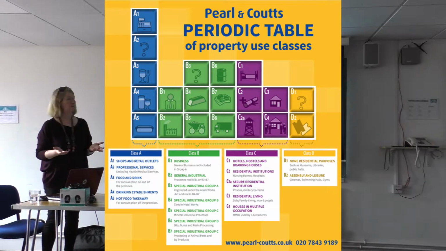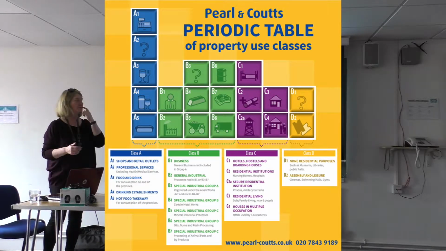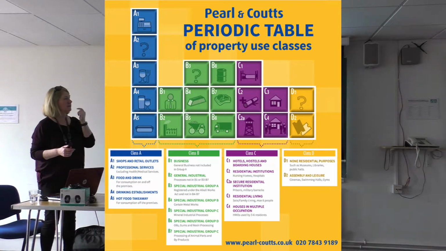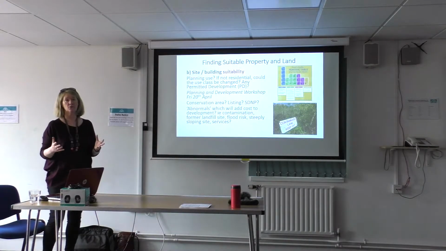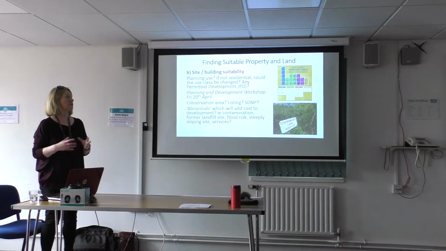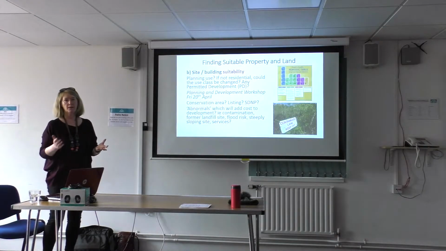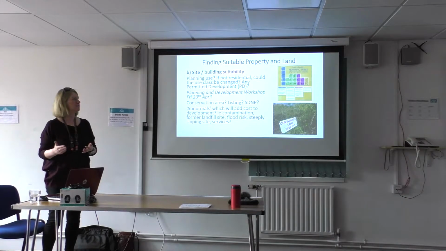B1 is offices. C3 is residential. So what you want to be looking at is if, for instance, you're interested in buying an office, or certainly developing an office, or even a shop, there's a certain amount of what's called permitted development, and you can change your use class without needing planning permission.